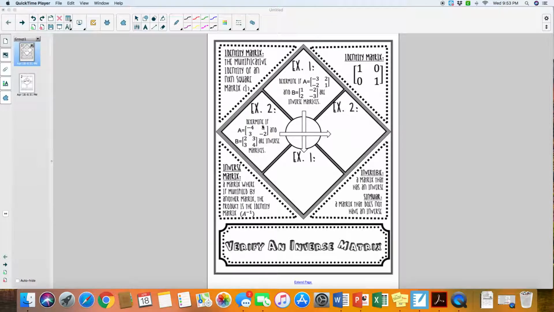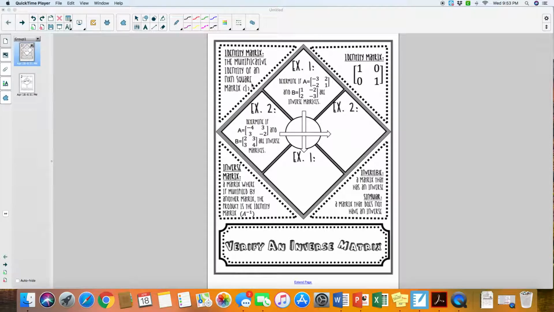All right, so the first vocabulary word is going to be identity matrix. An identity matrix is going to be the multiplicative identity of an n by n square. It is denoted by I. So basically, it is going to be two things that multiply that give you one. Only thing is, a matrix is not a single number.